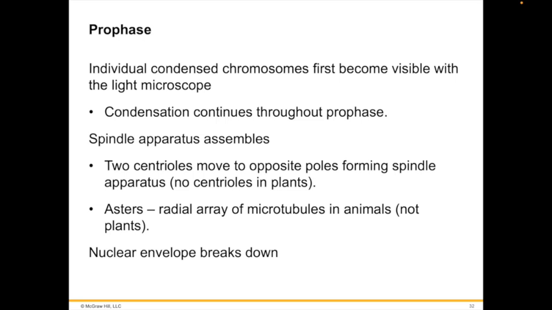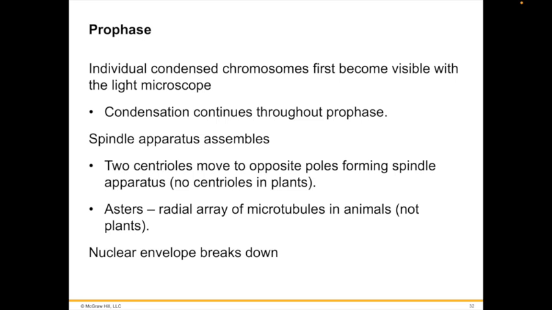In animal cells, the centriole pair formed during G2 phase begin to move apart early in prophase, forming between them an axis of microtubules that make up the spindle. This consists of polar microtubules, which emanate from each pole and overlap at the mid-cell, and kinetochore microtubules, which attach to each chromosome at its kinetochore.